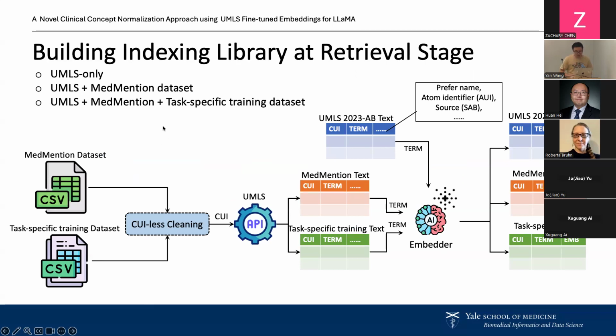After getting this embedder, we can create the index library to generate concept candidates during retrieval. For our index library, we use the UMLS data, MedMentions data, and task-specific training data to design 3 categories of index library by different combinations.